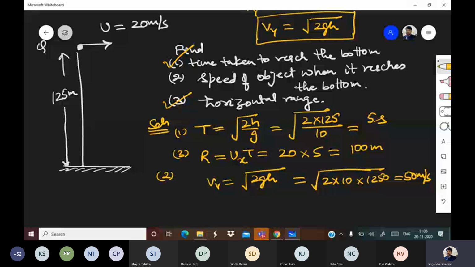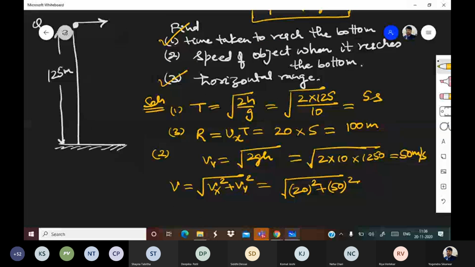So how much will be the speed? V will be under the root of vx square plus vy square. So that will be under the root of 20 square plus 50 square, which will be 10 root 29 meters per second.